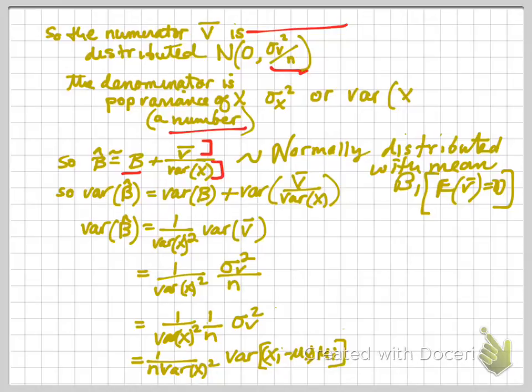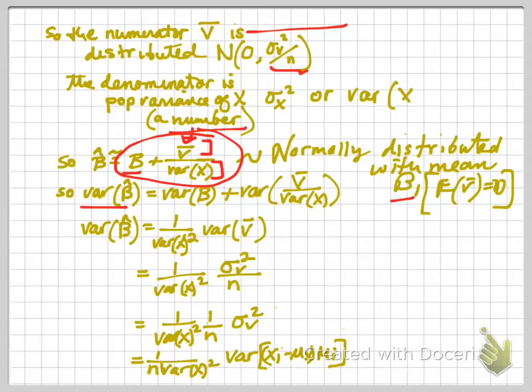So this whole expression is normally distributed with mean beta, because the expected value of v bar is just equal to 0, if you recall, because the expected values of the u's are equal to 0.